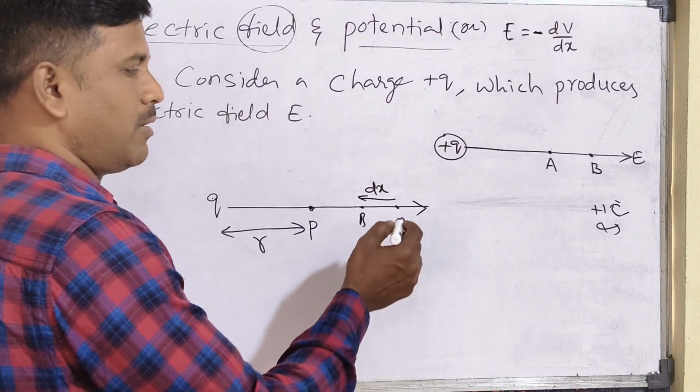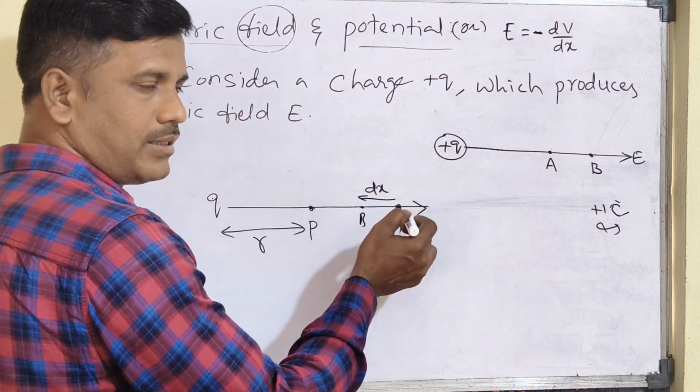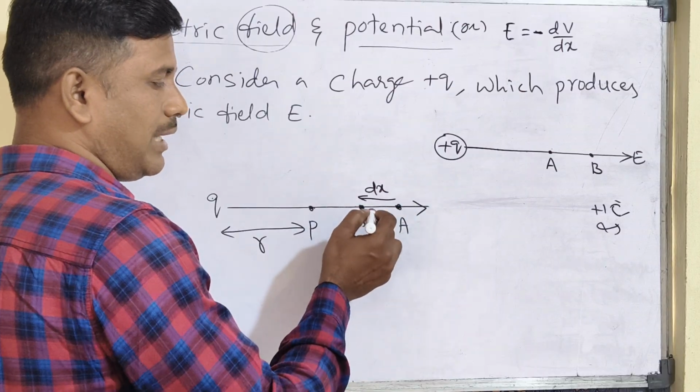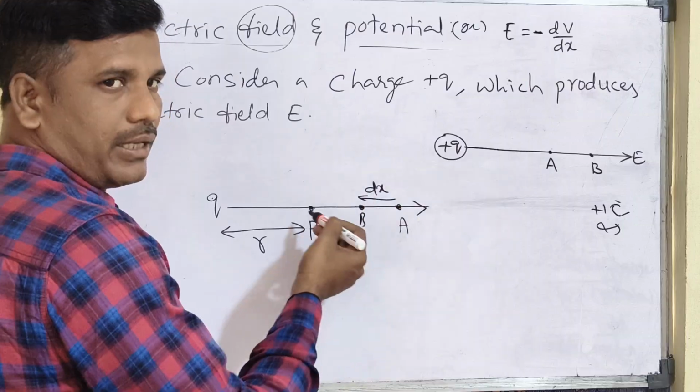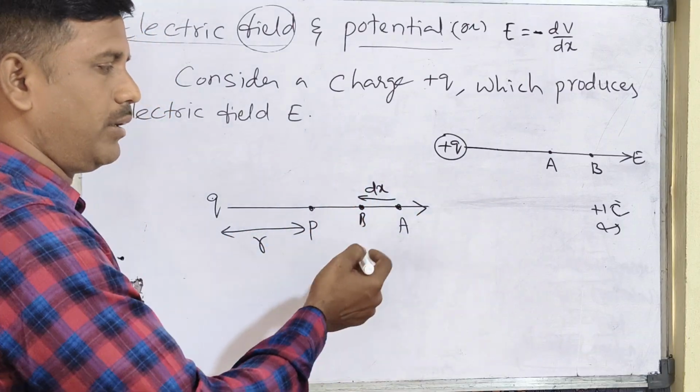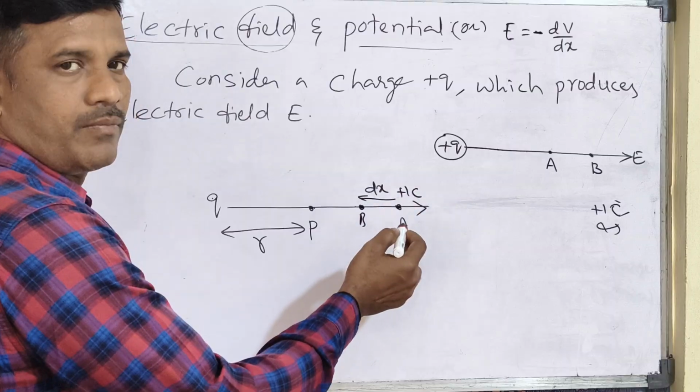That means here the electric field is less, so work done is easy. Here the electric field value increases, so more work is required to bring this 1 coulomb of charge.